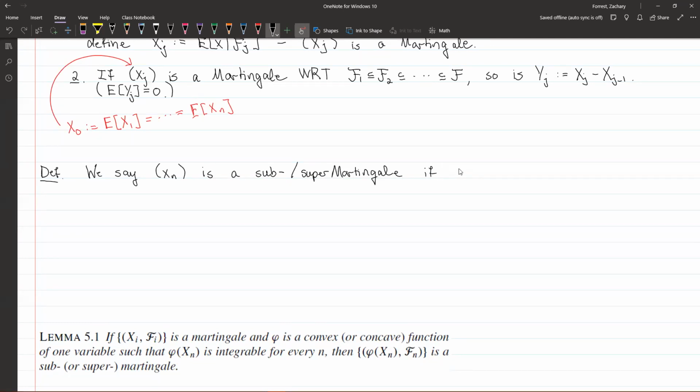If equality in the martingale definition is replaced by one of the two inequalities.